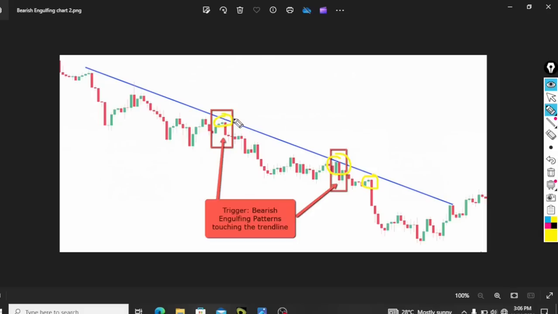So when you draw a trend line and you discover that the trend line is well respected, just watch out for all of these signals I'm showing you. Like in this place now, you see the movement very smooth all the way to the downside. So anywhere you could have entered there, your trade would have been successful. So get used to entering bearish engulfing and also bullish engulfing, and watch your trading improve tremendously.